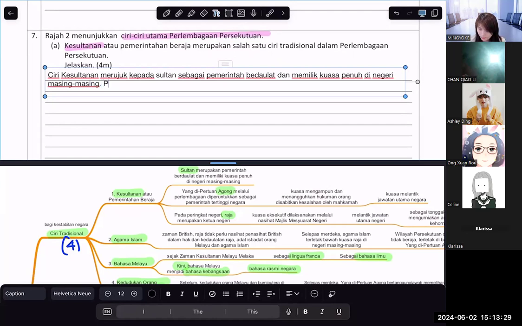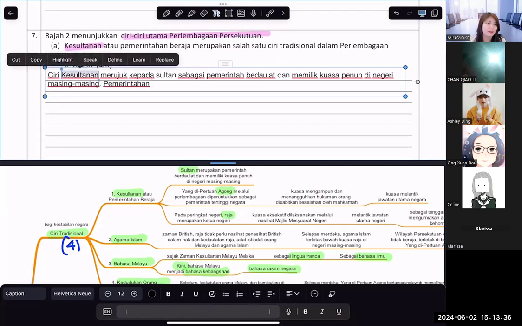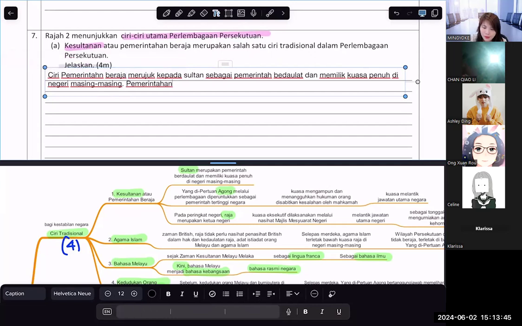And then, pemerintahan. Or if you don't want to write ciri kesultanan, you can just write pemerintahan beraja. Okay? And you can continue.